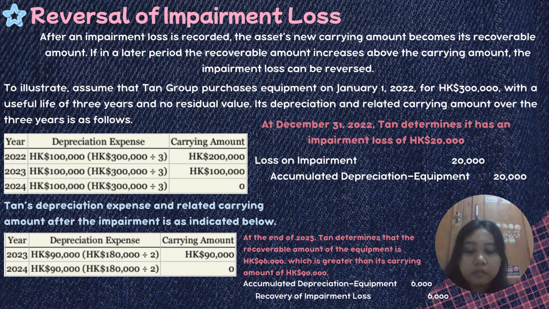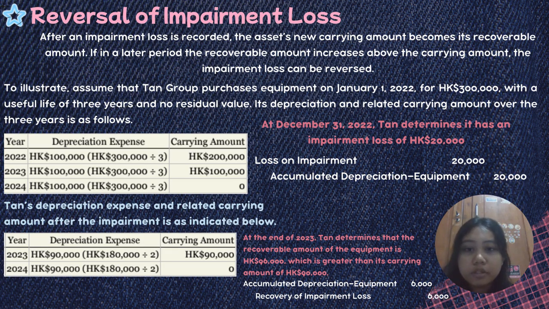So we take the $300,000 that we purchased and divide it by 3, because the useful life of the equipment is 3 years. The explanation goes like this.